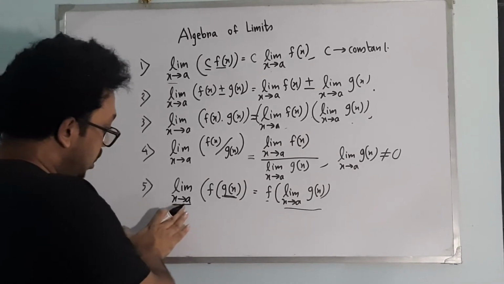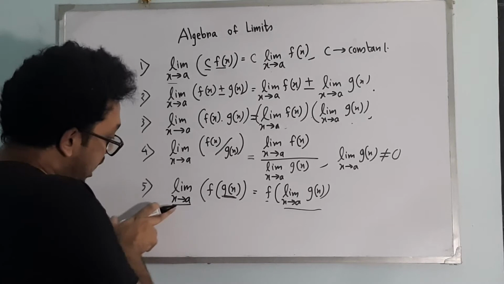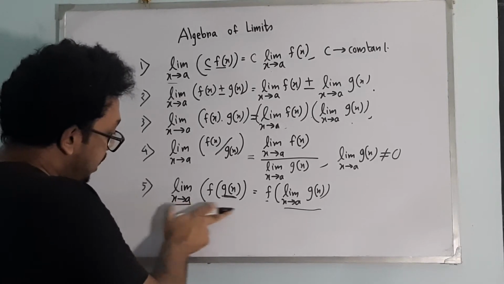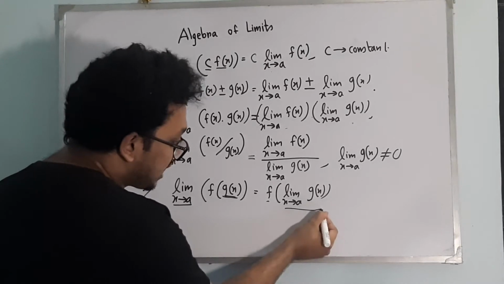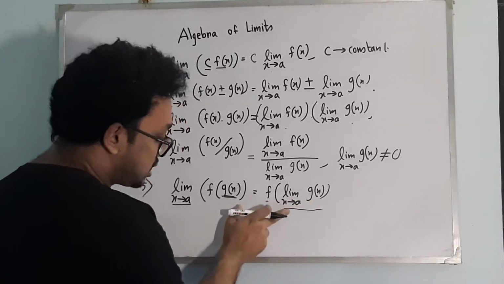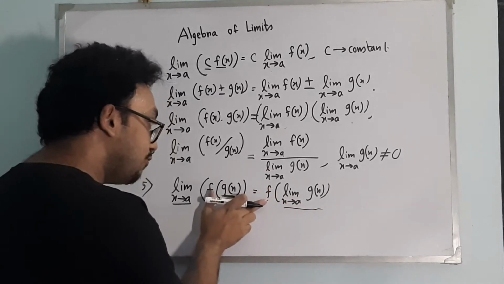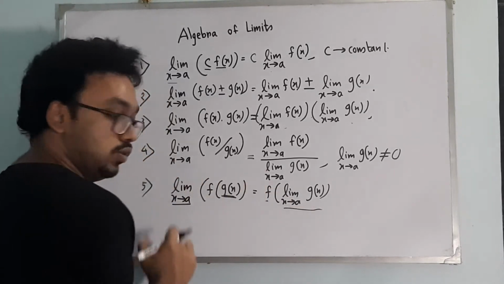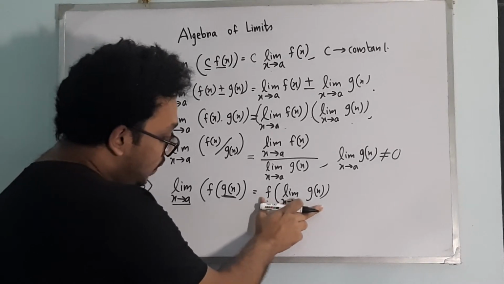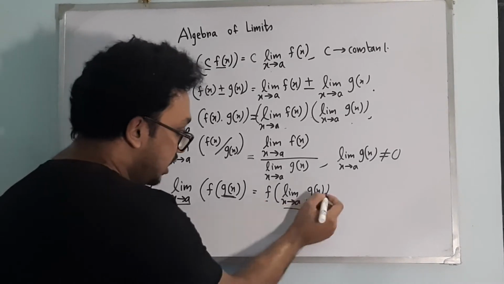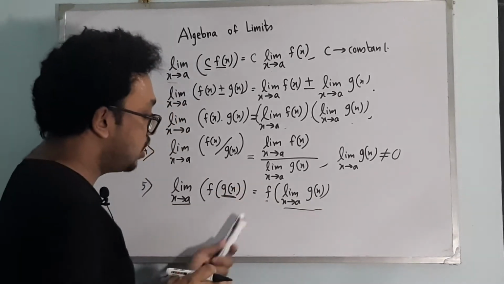If you have a function f of g x and you want to find the limit of the overall function when extending towards a, you first calculate limit of g x when extending towards a, some value will come, and after that you will apply the function f.